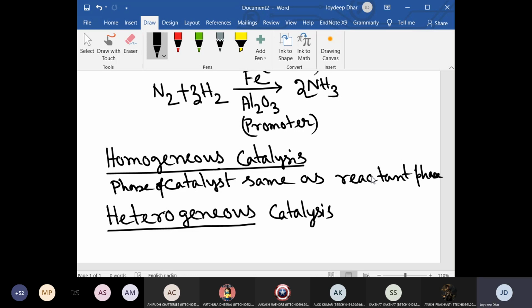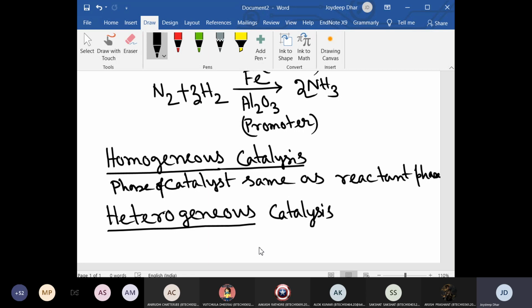The phase means solid, liquid, gas. If your reactant and the catalyst are both in the same phase, then it is homogeneous catalysis. Okay, a common example you can give, I will write next. I will write first the heterogeneous catalysis.